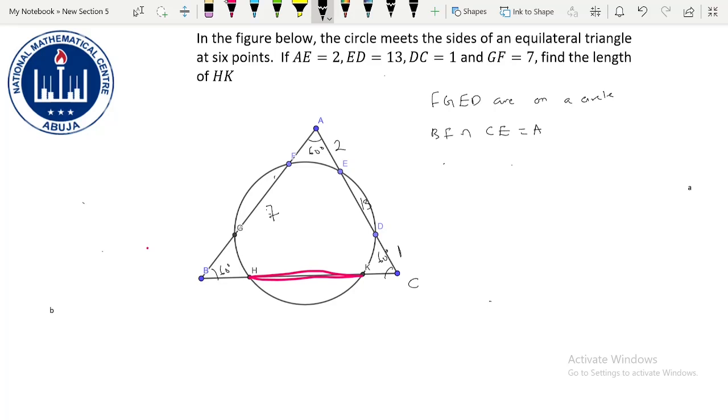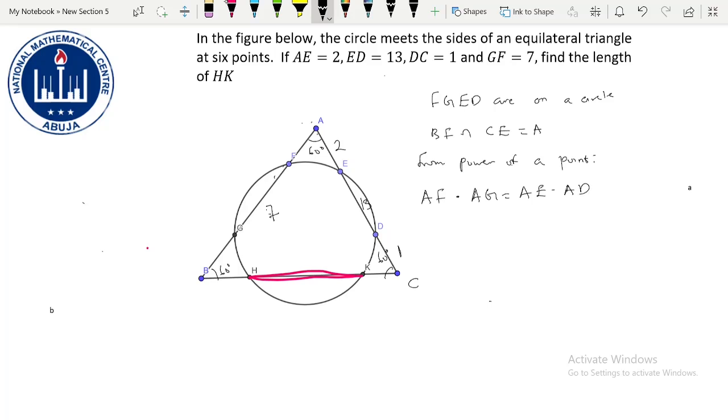So I can use that. From power of a point, AF times AG, the lengths from F and G on the same circle, has to equal AE times AD.